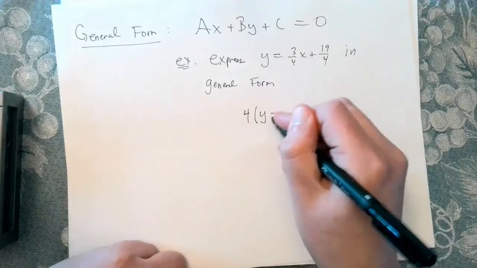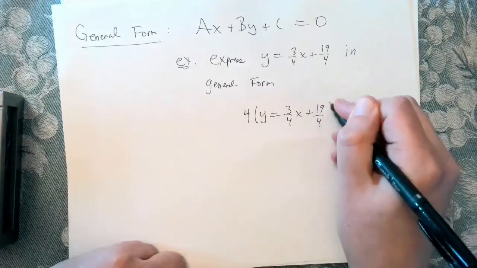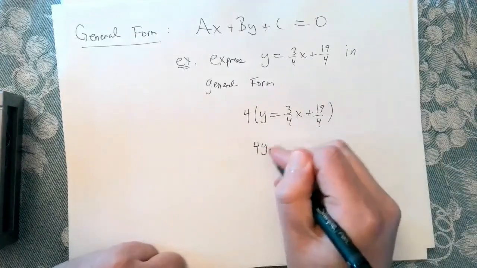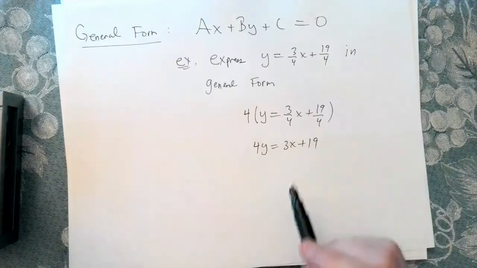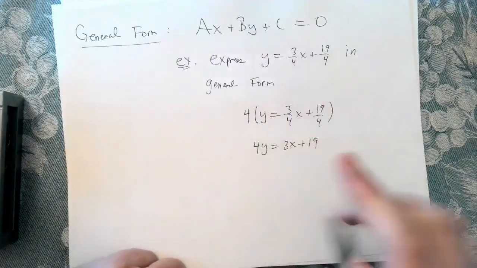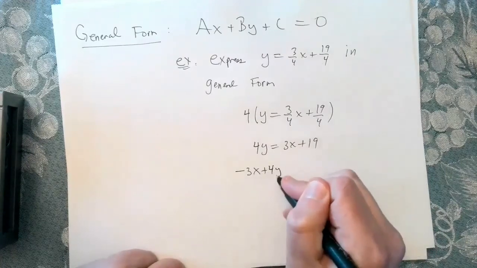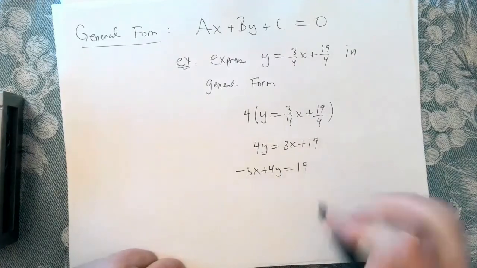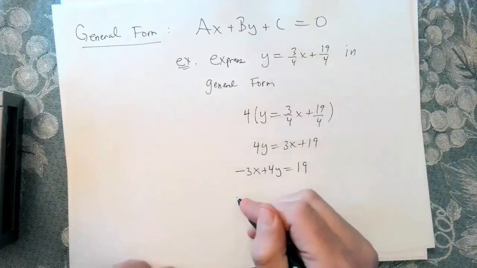So I'm going to multiply the whole thing by 4. So that's going to give me 4y is equal to 3x plus 19. Let's see here. I'm going to subtract 3x from both sides. And then I'm going to go ahead and subtract the constant over, right? I want the constant on the left if I'm in this form.